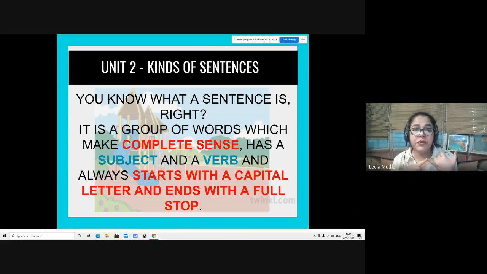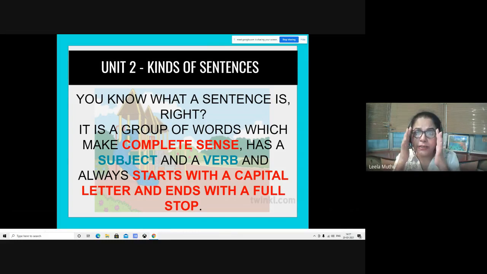The first is that a sentence is a group of words which make complete sense or express a complete thought. The second rule is that it always starts with a capital letter and ends with a full stop. The third rule is that it has a subject and a verb in it. You must remember these three rules.